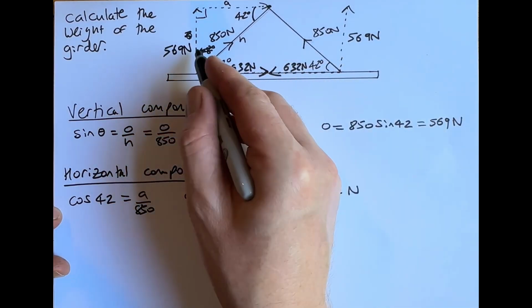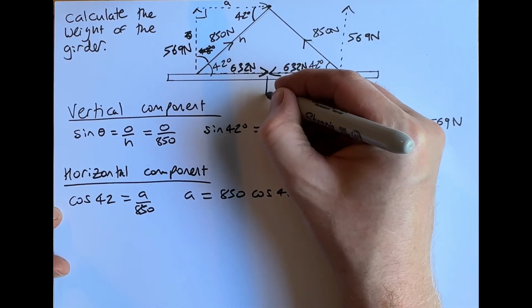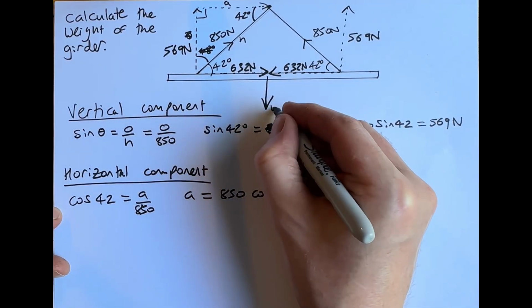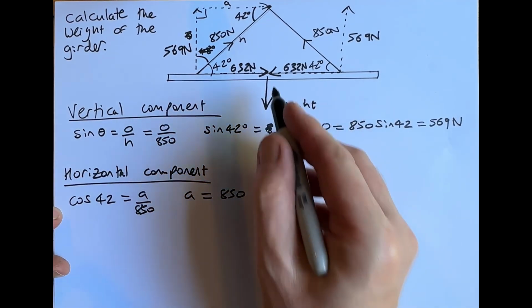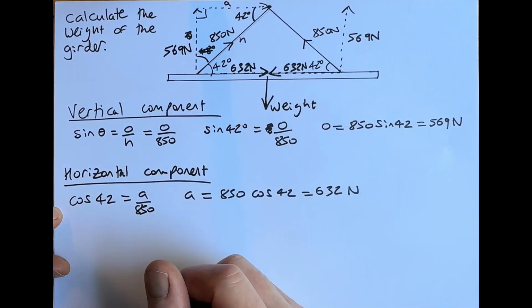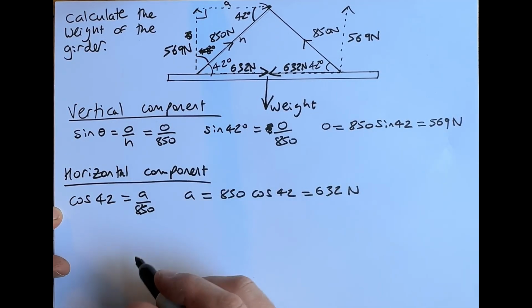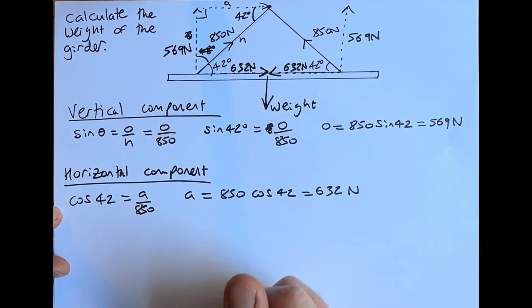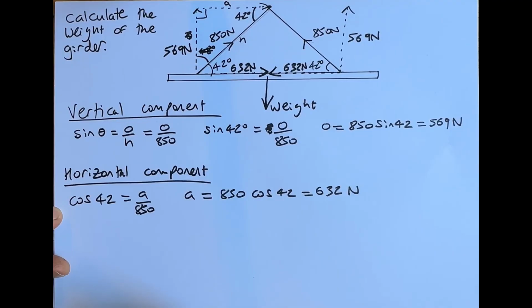The force acting downwards is the weight of the beam or the girder. And that weight's going to act in the center of this girder. Presumably this girder is a uniform object, so it'll act in the center. Now what we know is this thing is not moving, so the vertical forces on it must be in equilibrium. There must be 0 resultant force.